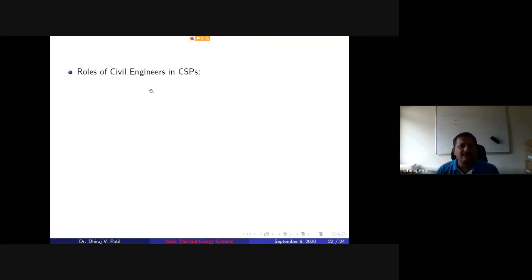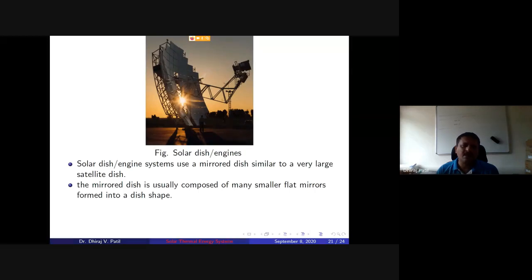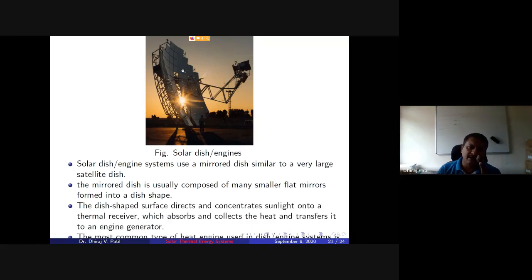So that summarizes what we looked at, the various solar thermal energy systems, and why you require these solar thermal energy systems. I have not touched the design of these and the analysis, but one thing is sure: solar energy is getting reflected or incident on these reflectors, or on a glass cover for a flat plate.